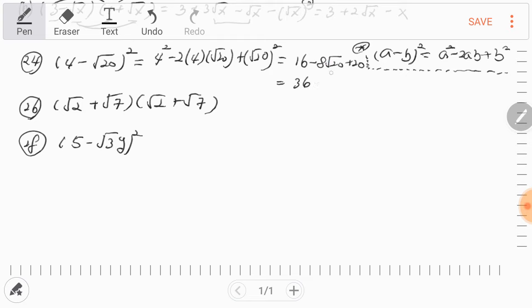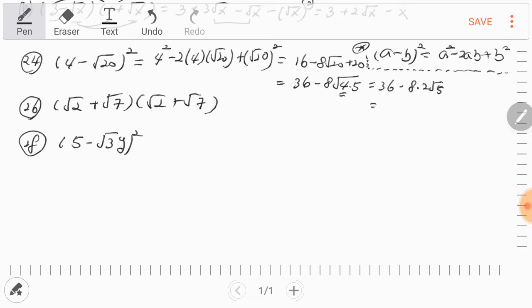And how about square root of 20? Can we simplify square root of 20? Yes, because 20 is 4 times 5. 4 times 5 is 20. And then this 4, square root of 4 becomes 2. So 36 minus 8 times 2 square root of 5.